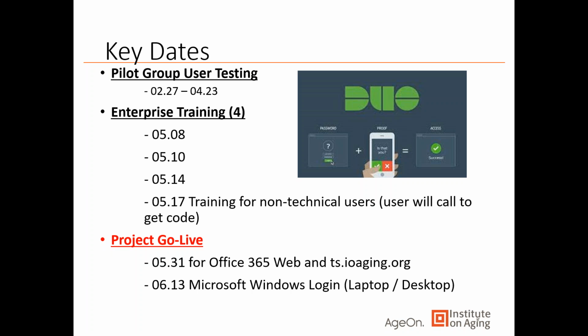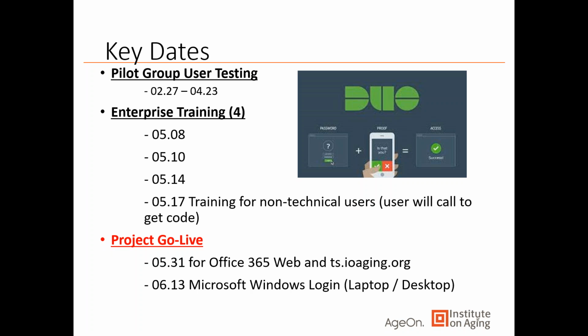For the people on this call, I think you guys will already be pretty much versed on this, but we still will want people to attend enterprise training because there might be some changes. And then ultimately we have our Project Go Live. We are doing that at the end of May as well as on June 13th.